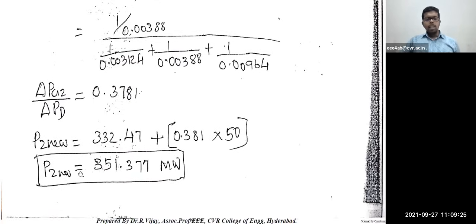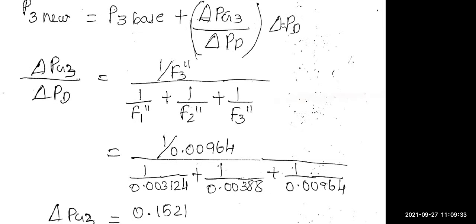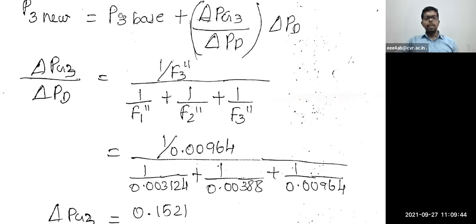Next, what is the P3 new? P3 new is equal to P3 base plus del Pg3 divided by del Pd, the whole into del Pd.